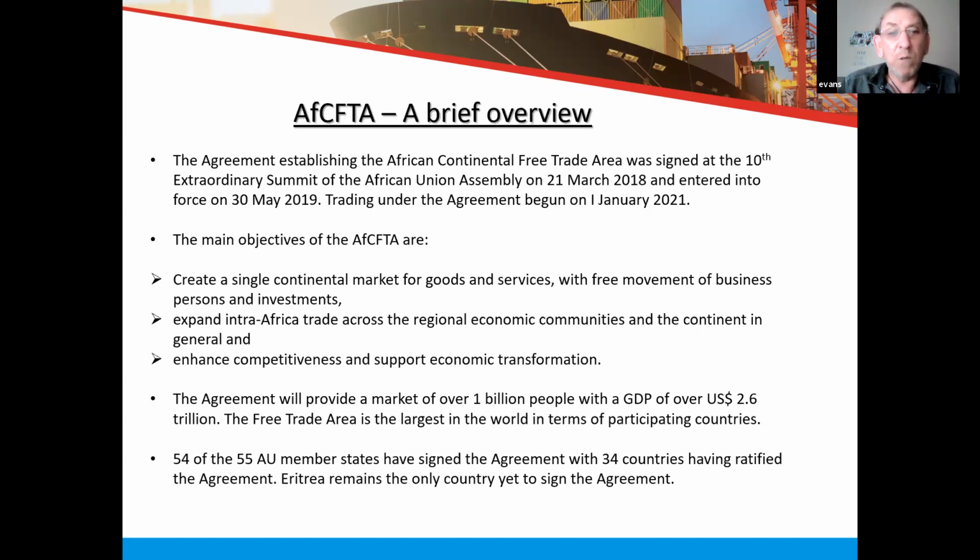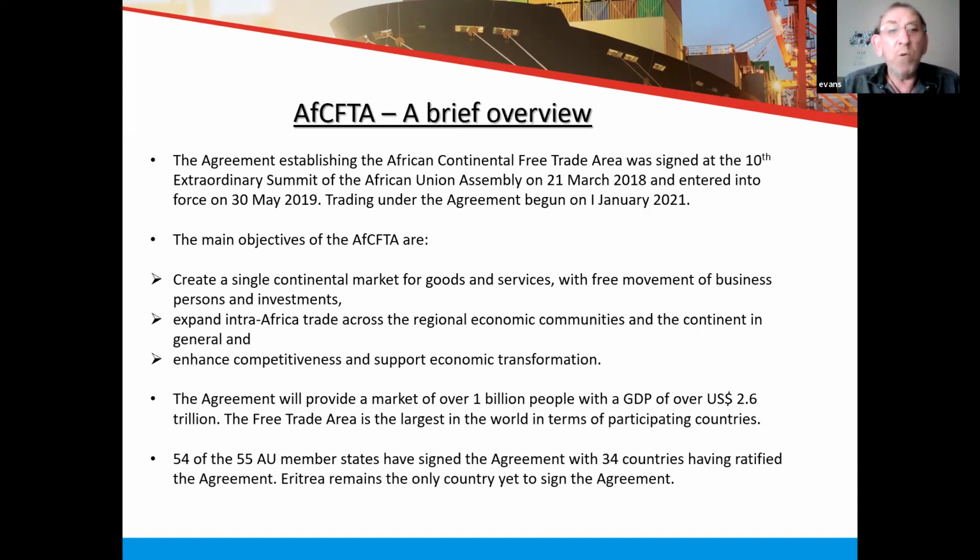The main objectives are to create a single continental market for goods and services with free movement of business, persons, and investments, expand intra-Africa trade across the regional economic communities and the continent in general, and enhance competitiveness and support economic transformation.